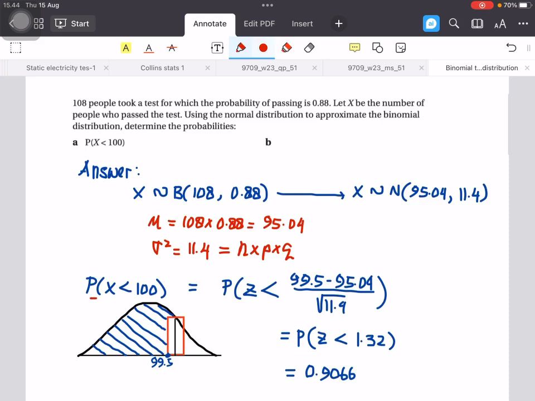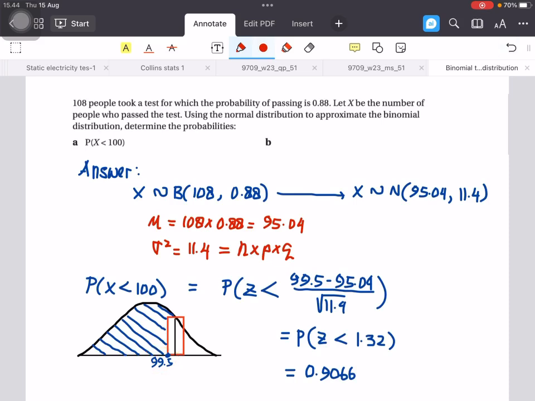The question asks to find probability x less than 100. So this is the diagram. Since we don't have an equal sign here, 100 is not included. The rectangle is not shaded. So the value of x after being corrected is 99.5.